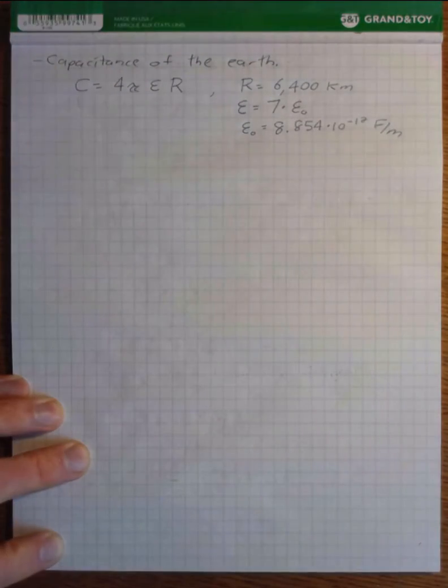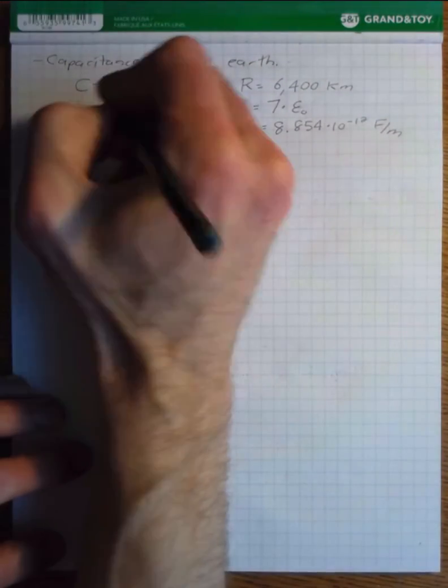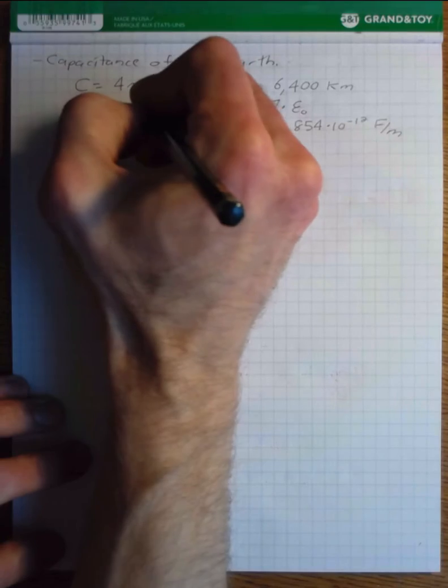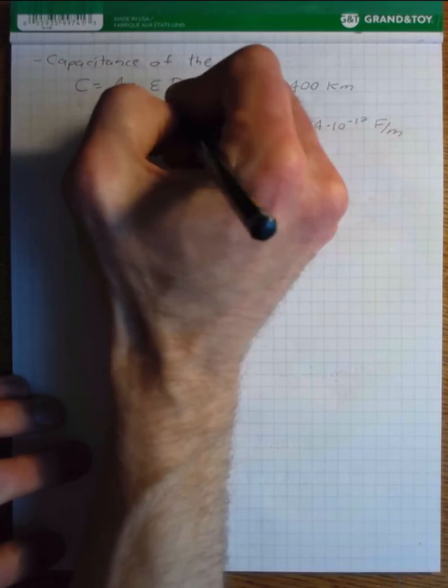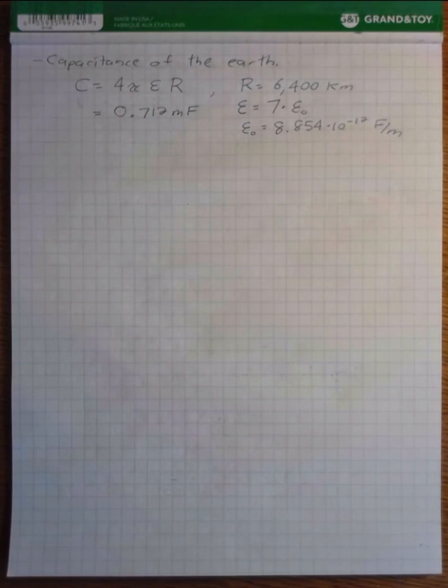And so if you substitute these values into our equation, we get 0.712 millifarads. So we need 34,000 farads, and if we made a capacitor the size of the Earth, we would only get 0.712 millifarads. So clearly this seems like an impossible problem, and yet it's not.